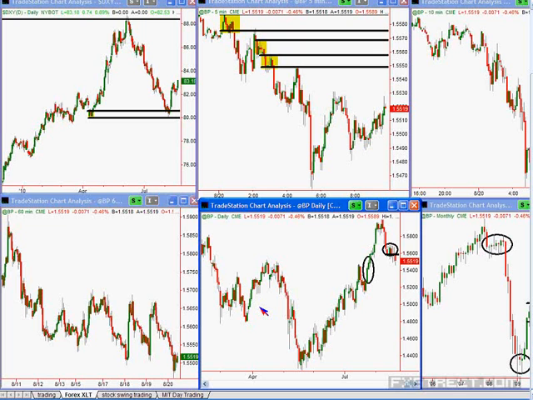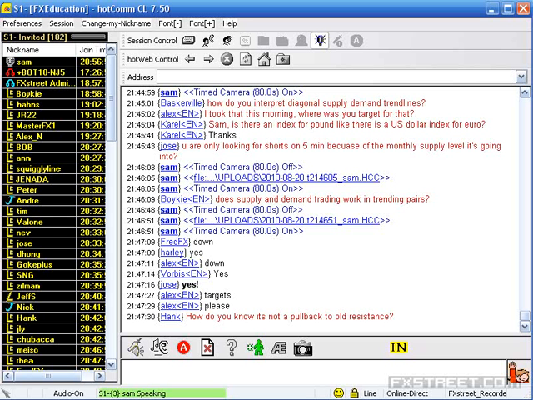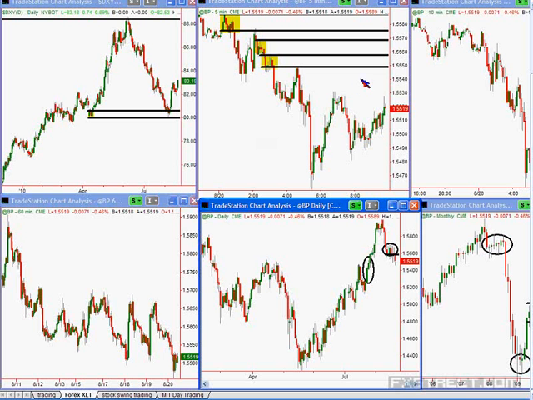Any other questions on this? All right. Targets. Your targets would be your opposing demand levels. So let's say this area up here, the 155.50 area, is our entry. Let's assume that it's going to rally up there from here.